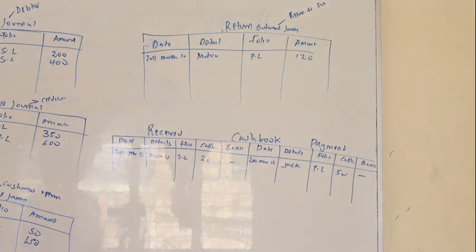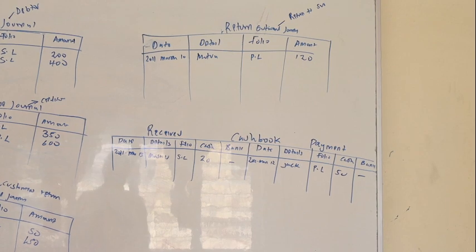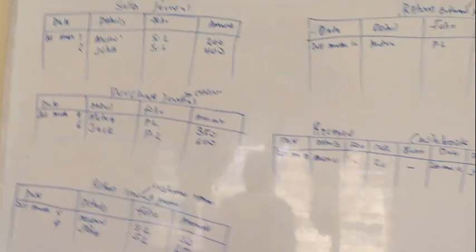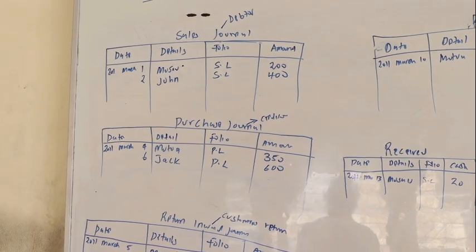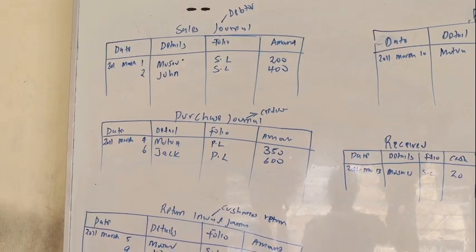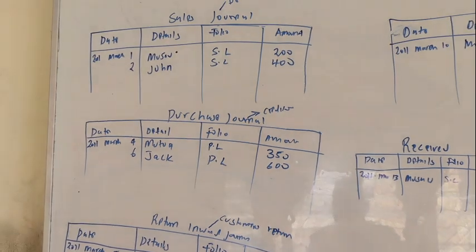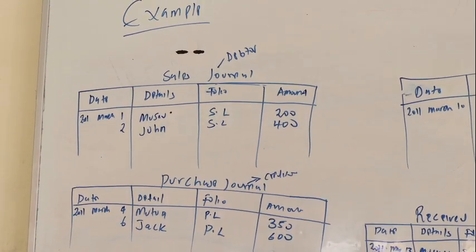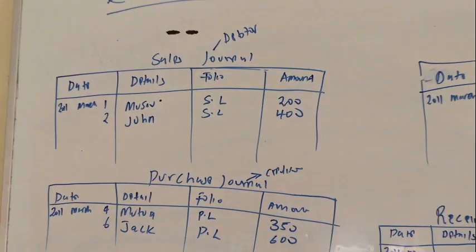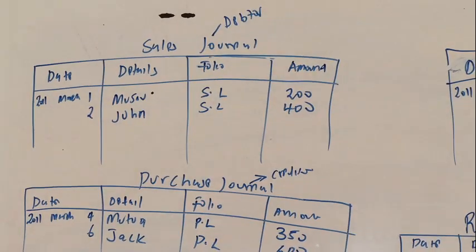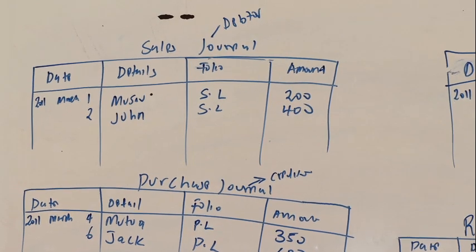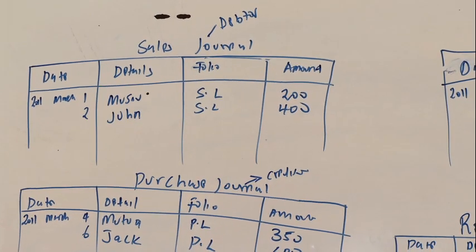Therefore, those are the journals. We have what we call the sales journal, which, as you can see, has recorded all the debtors. It has date, it has details, it has folio, it has an account.